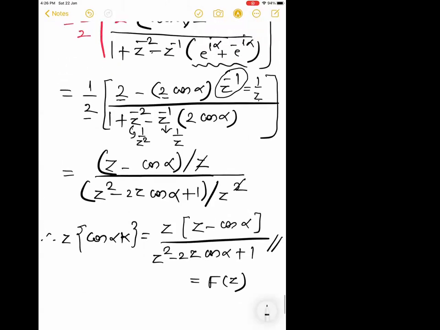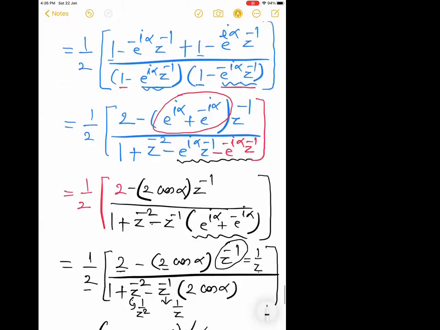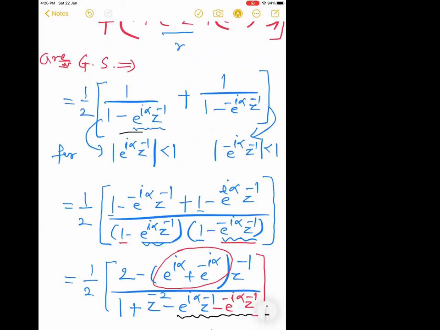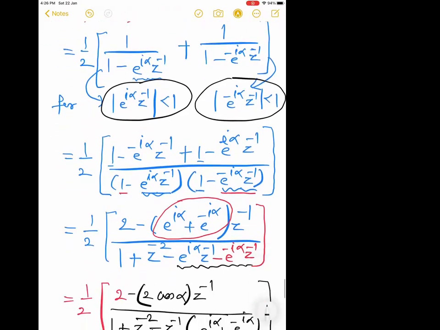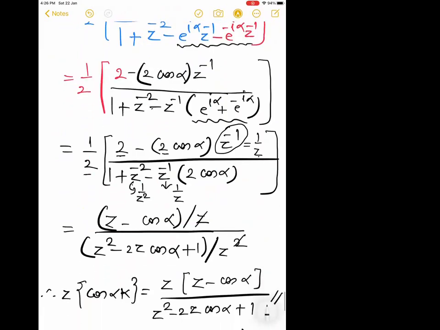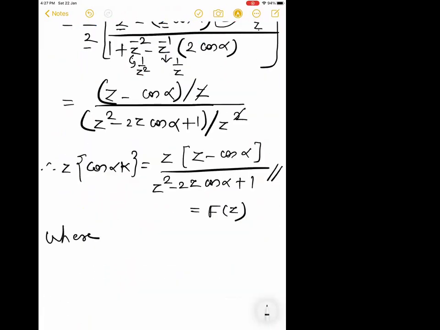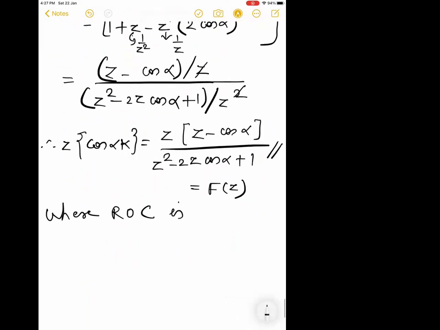But what about the region of convergence? So here the region of convergence, we are getting it into these two forms. Okay. So that also we will just simplify and get one particular expression where the region of convergence is mod of e raised to i alpha z raised to minus 1 less than 1.